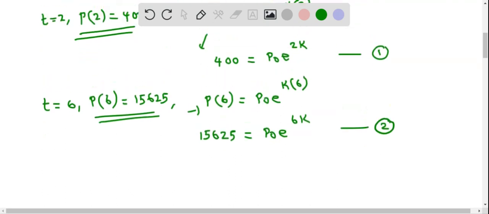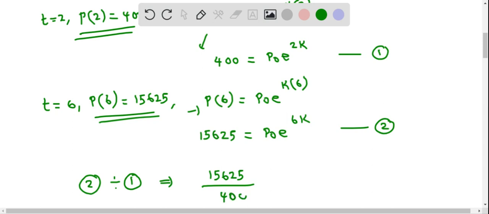Now we have two equations in two variables, P naught as well as k. We have to determine the value of k. So I'm going to take equation 2 and divide by equation number 1. When I do that, I have to divide the left side by the left side and the right side expression by the right side. On the left side, the expression is 15,625 divided by the left side quantity in equation 1, which is 400.